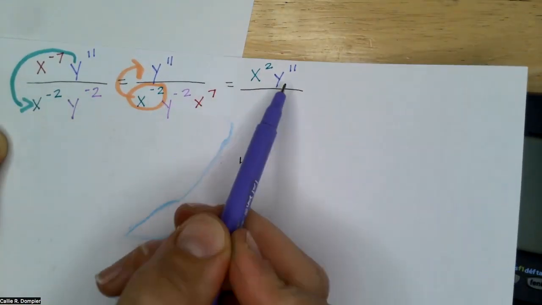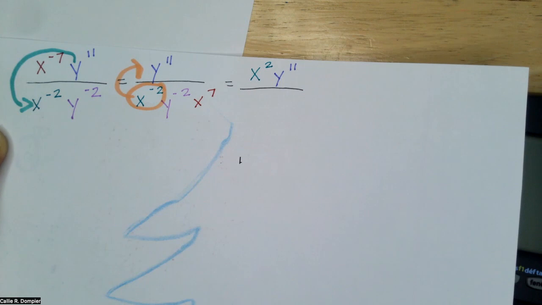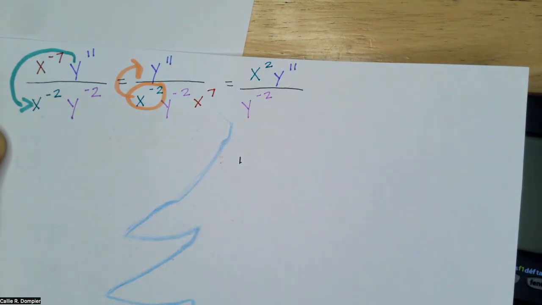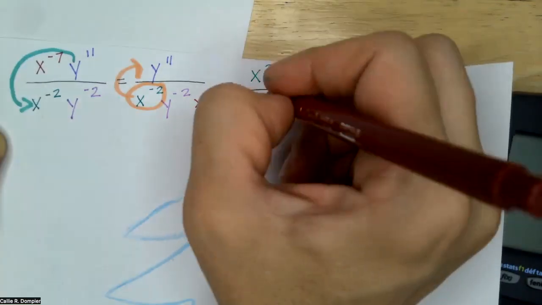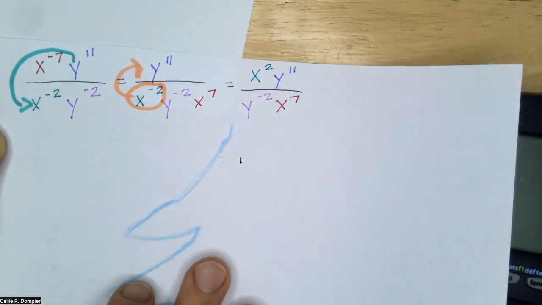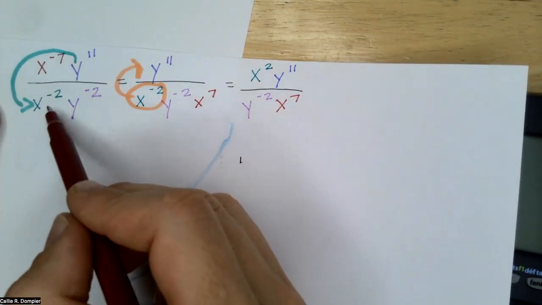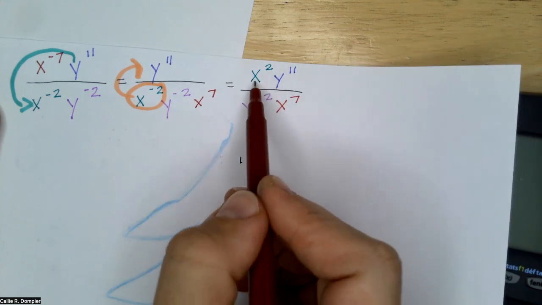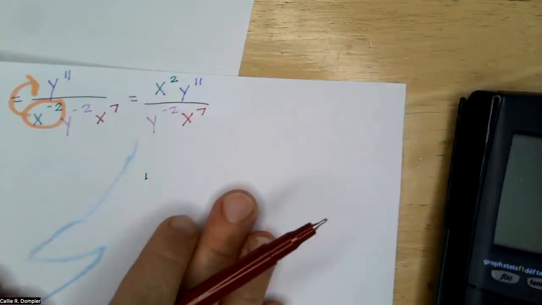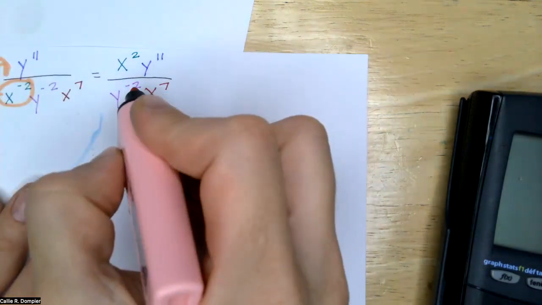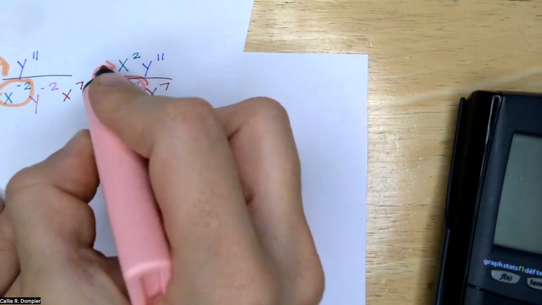Down here, we still have y to the negative 2. And we have x to the 7th. Shouldn't be writing them out of order like that. All right, well, I'm moving it anyway. Last one to move.